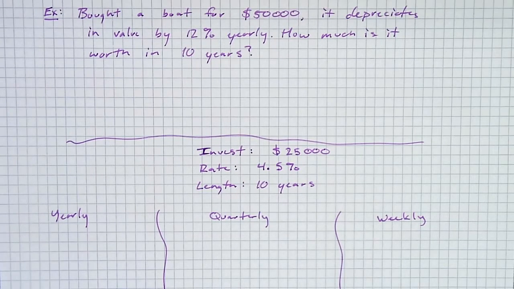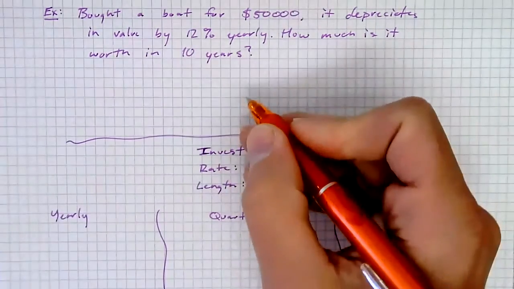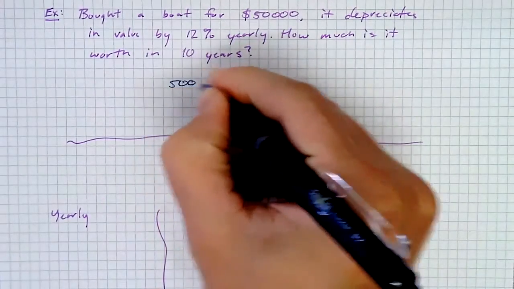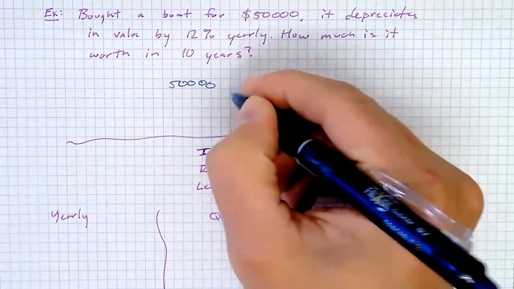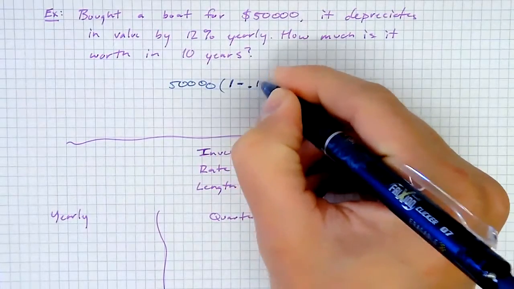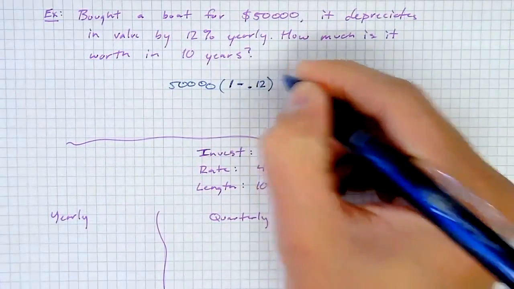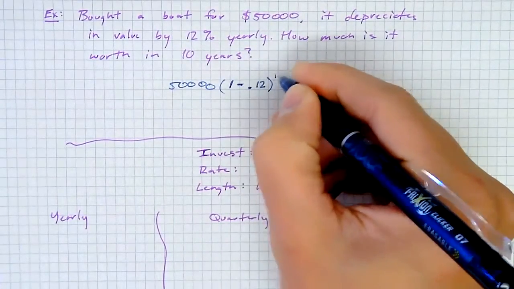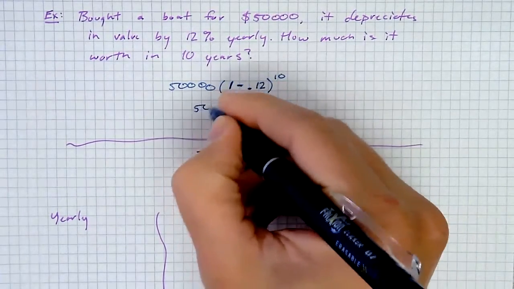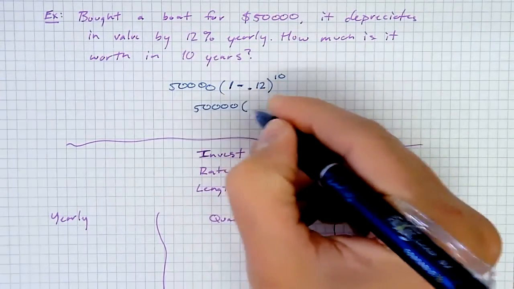All right, so the first one, we are depreciating in value. We have our starting value of $50,000 for your boat that you just bought. It's pretty sweet. Okay, 1 minus our depreciation rate of 12%, raised to the 10th power, so your multiplier should have been 0.88.